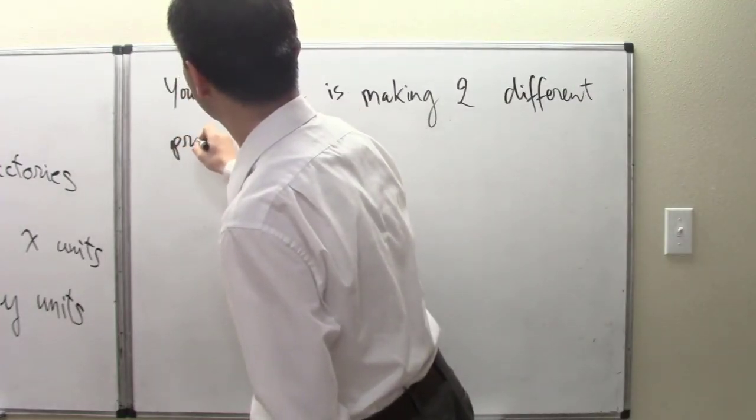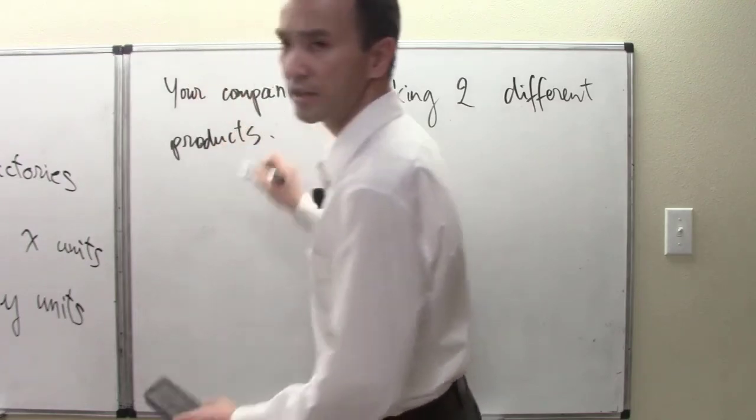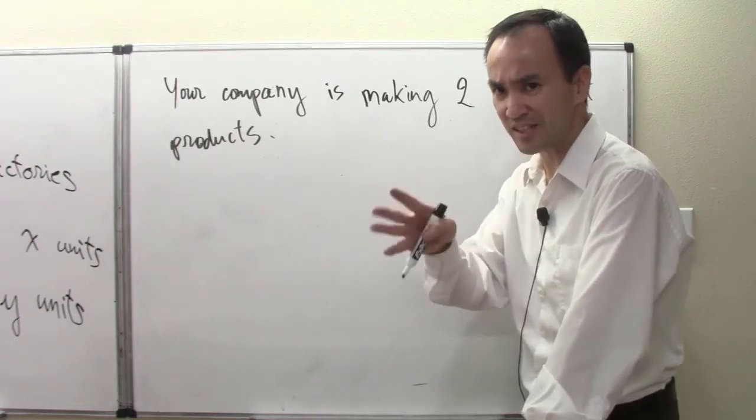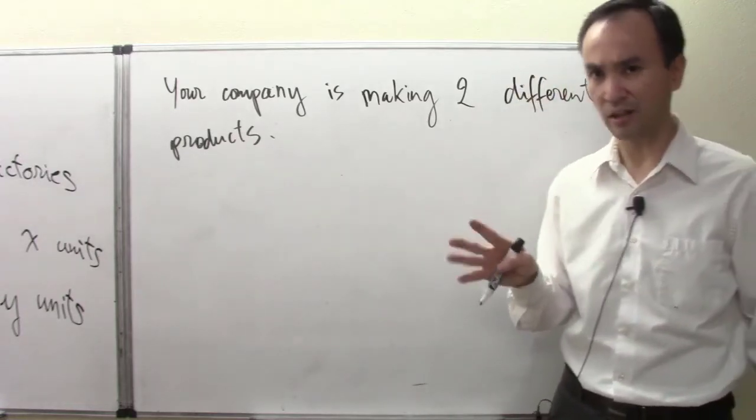Okay, there you go. So it doesn't have to be different factories, just 2 different products. A lot of times that's the way it is. A lot of times for some company.